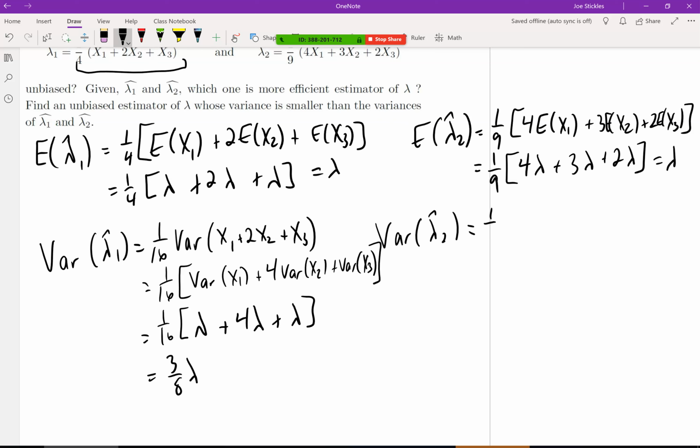Now let's do the same thing for the other one. We'll have 1/81 when we first pull out that 1/9.